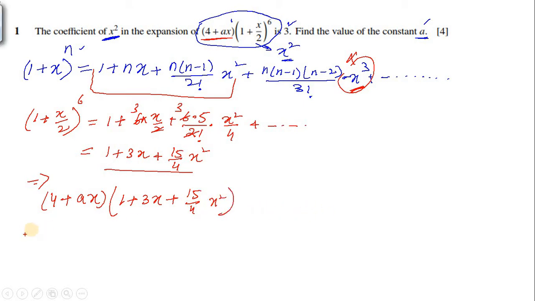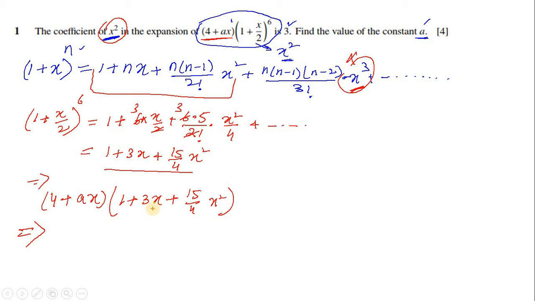You don't need to multiply each and every term in these two factors, because we need to know only the coefficient of x squared terms. If you multiply 4 with 1, it's just a waste of time because you don't have a square term. Similarly, 4 with 3x gives 12x, again a waste of time.